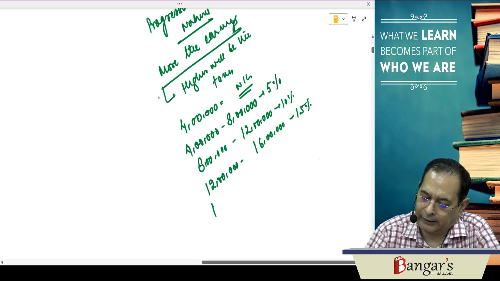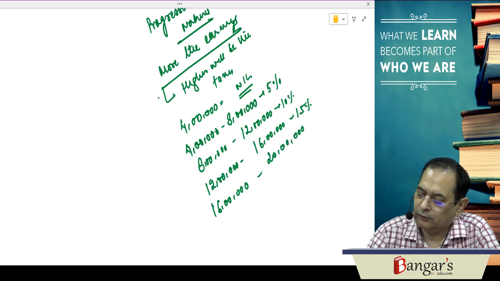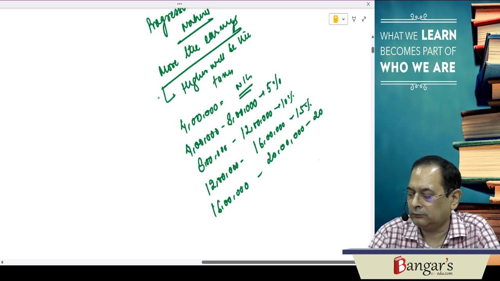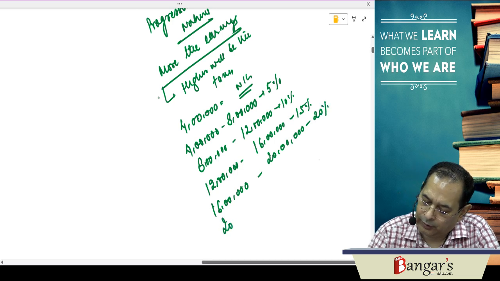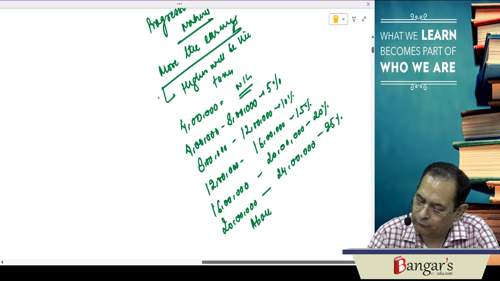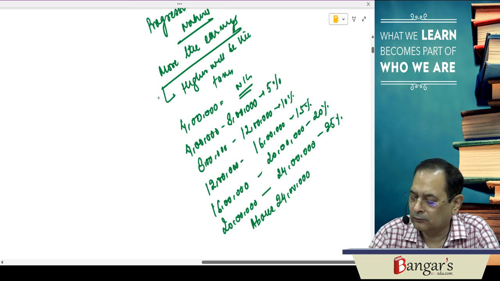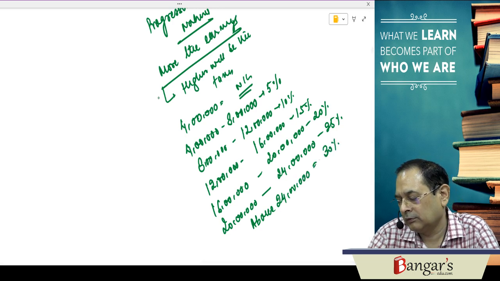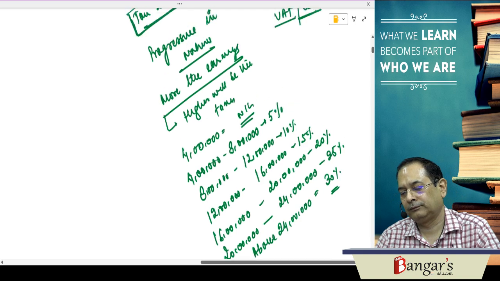Then 16 lakhs to 20 lakhs, 20%. From 20 lakhs to 24 lakhs, it is 25%, and above 24 lakhs, it is 30%.